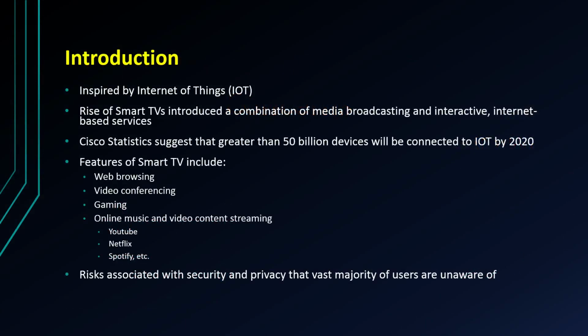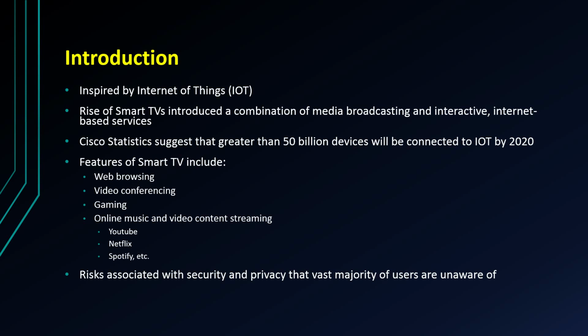So what are smart TVs? Inspired by the Internet of Things was the rise of smart TVs, introducing a combination of media broadcasting and interactive internet-based services. According to Cisco statistics, more than 50 billion devices will be connected to IoT by 2020.